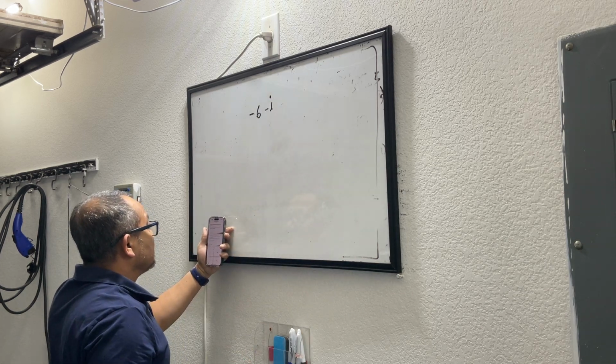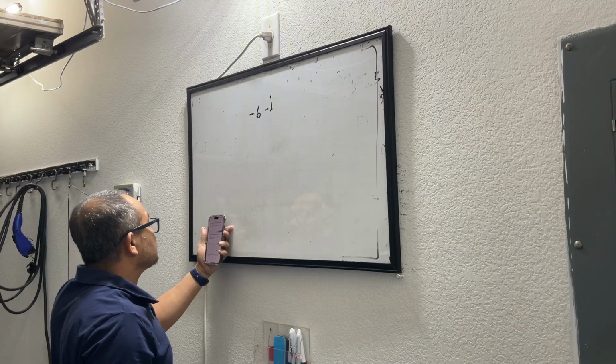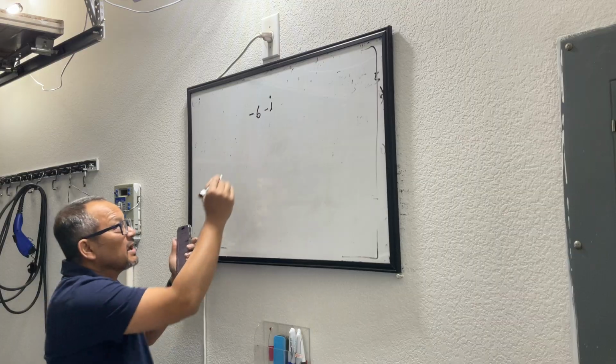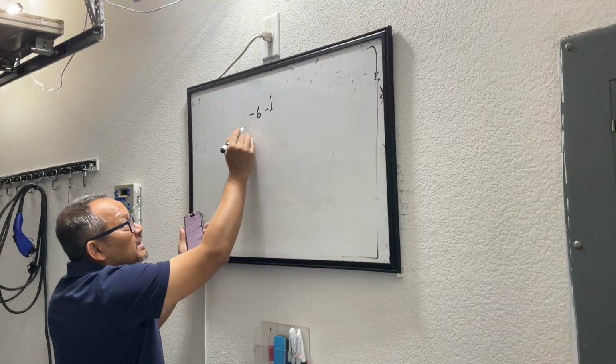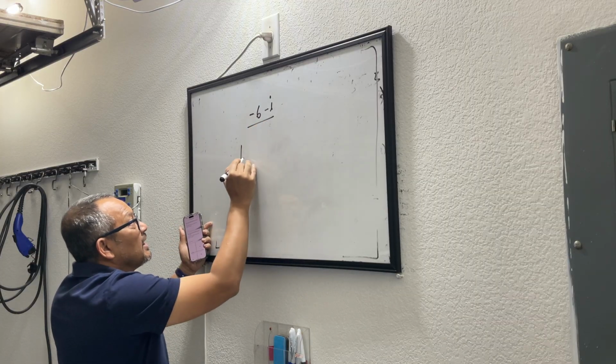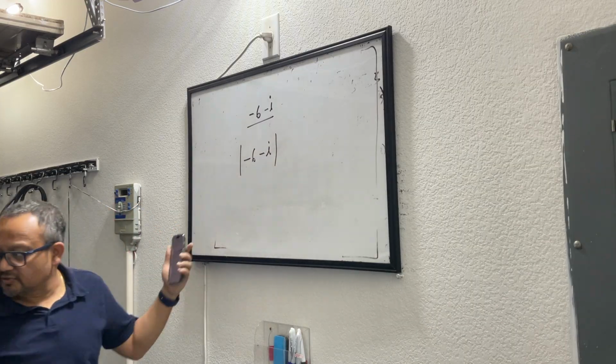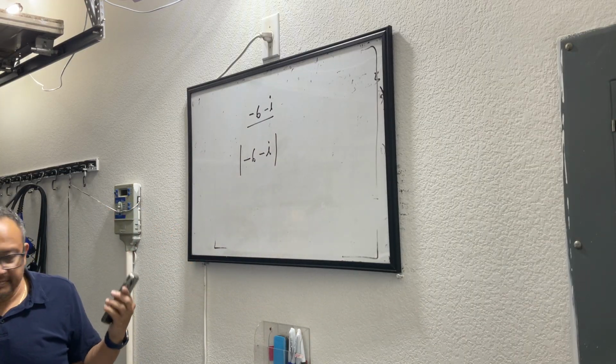Don't round it. If necessary, express your answer as a radical. So sometimes you'll have a question, okay, this is the complex number, find the value of -6 minus i. This is nothing but the absolute value. That's what it's hinting at.